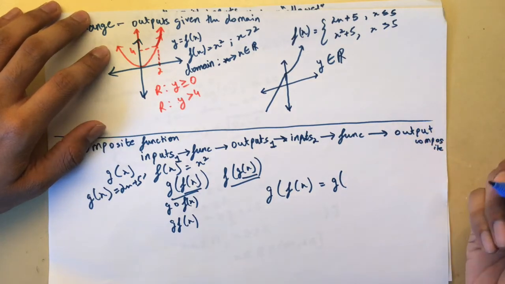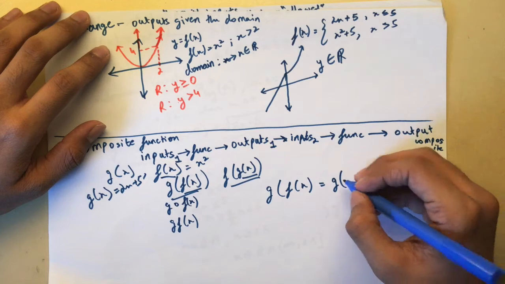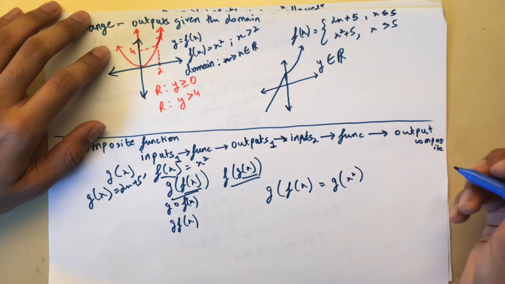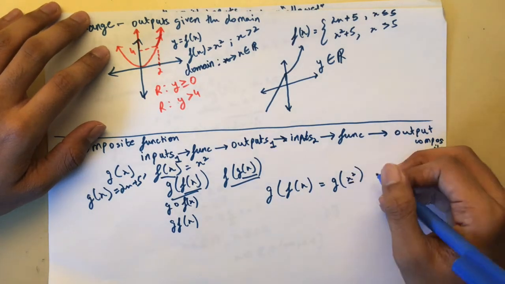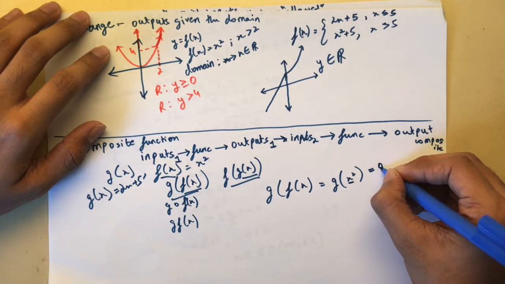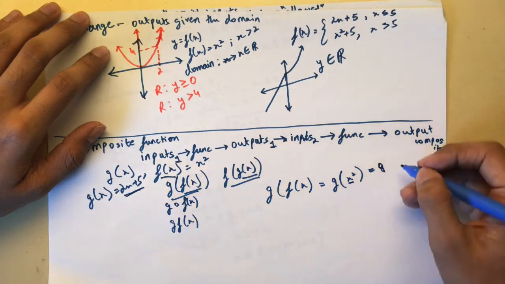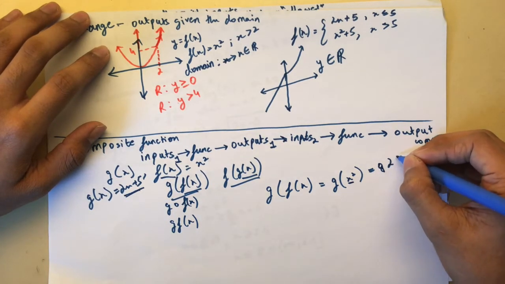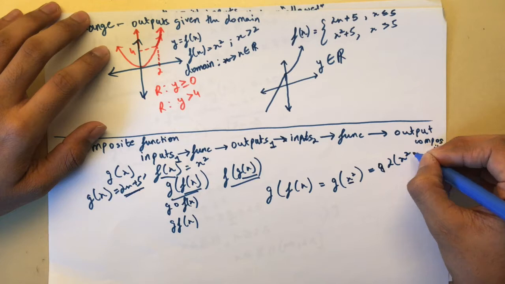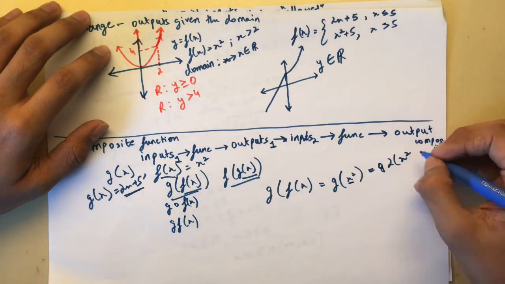But instead of actually putting in a number, I'm putting in the function of x. So that would just be g of x squared. And so when I put that into the function, I'd have x squared being put into the input values of g of x. So it would look something like 2 times x squared plus 5, because I'm inputting x squared in x.